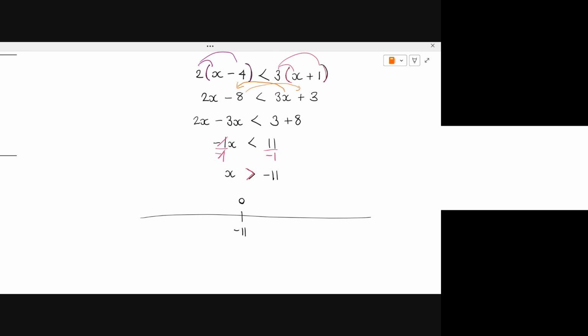We know that numbers bigger than -11 will be -9, -5 is bigger than -11, -6, good. So it's all the numbers in that direction. Okay, so we're going to do that, all the way up to +infinity. Okay, we are 2 minutes over the lesson.